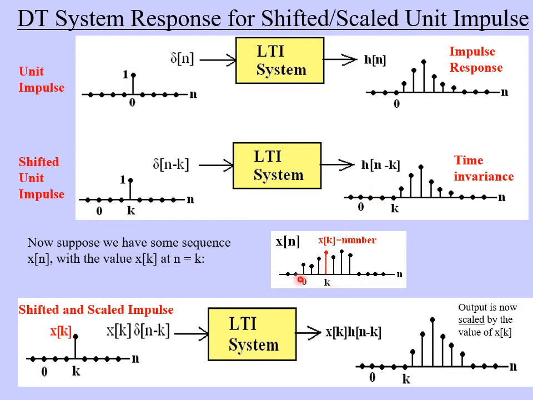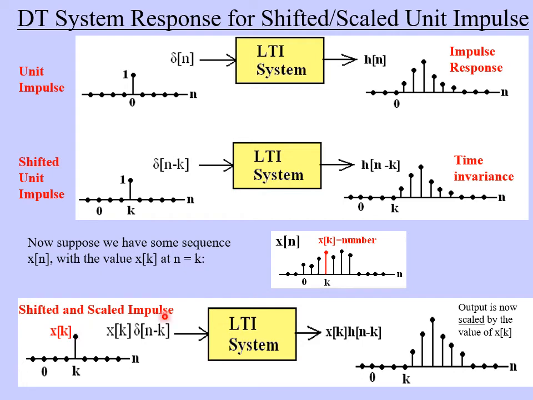Now, suppose we have some sequence x of n, and the kth value of x of n is shown in red here. It's x of k, which is just some number. If we multiply this number by the shifted delta function, we have x of k times delta of n minus k, and it looks like this. It looks just like the shifted impulse, except instead of a height of 1, it has a height of x of k because it's been scaled by that value.